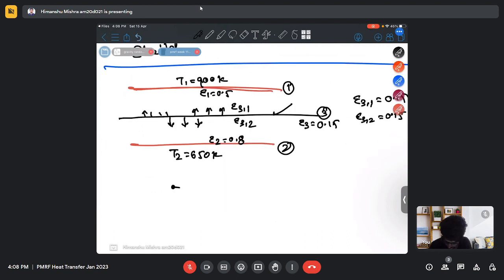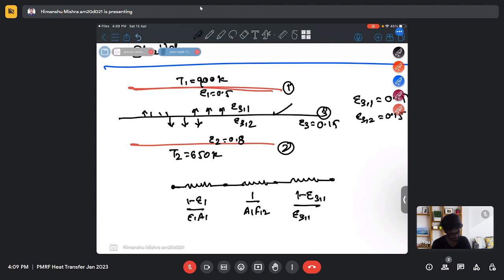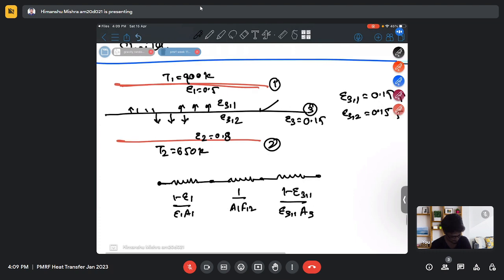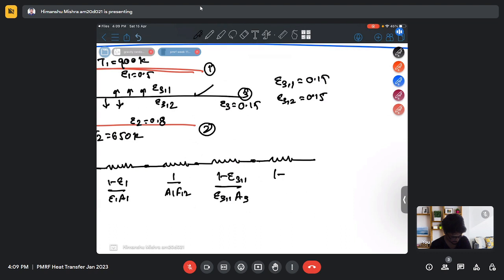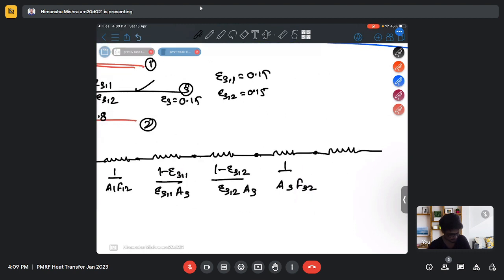So my resistance will be 1 minus epsilon 1 over epsilon 1 A1, then 1 over A1 F13, then 1 minus epsilon 3.1 over epsilon 3.1 A3, and then 1 minus epsilon 3.2 over epsilon 3.2 A3, then 1 over A3 F32, and this will be 1 minus epsilon 2 over epsilon 2 A2.